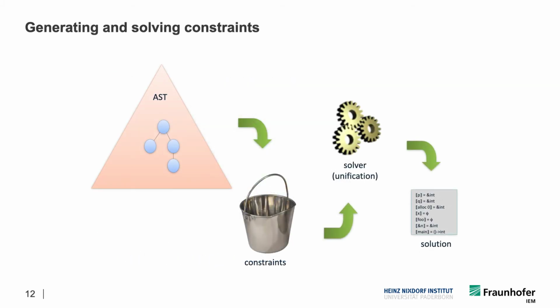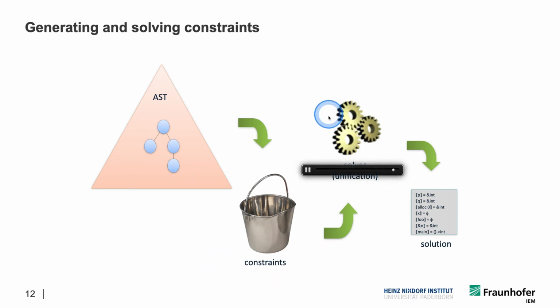Okay, for any type system, the internal workings are usually very similar, at least to what you see on the slide. So as an input, we will be given the abstract syntax tree. And out of this, as a first step, we generate some constraints. And I will be showing you some examples of what this can look like.